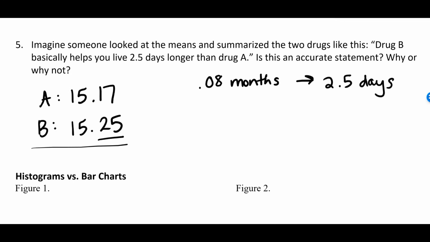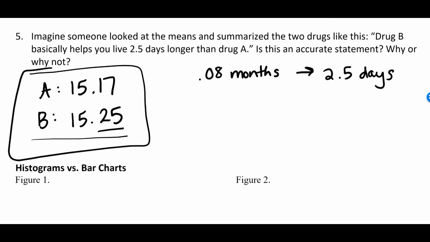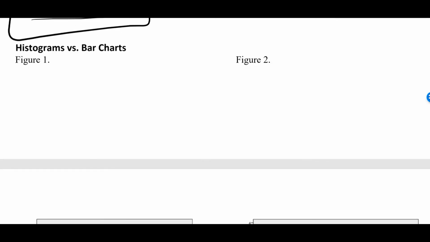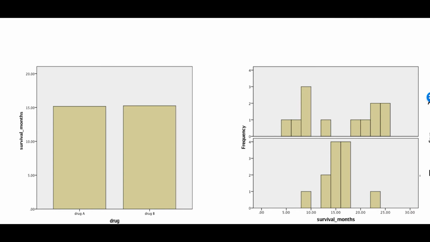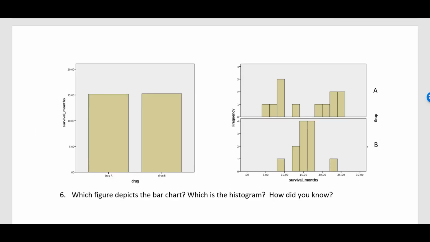It's really more like if you take drug A, you're either going to live more than 20 months or less than 10. But if you took drug B, you'll live somewhere in between 10 and 20. So if all we had was the means, you might miss a lot in that interpretation. You may say they're about the same, you get a tiny bit more with B. But that is not telling us the whole story, as we can see in our histograms.